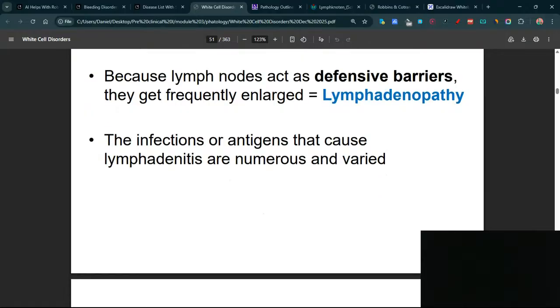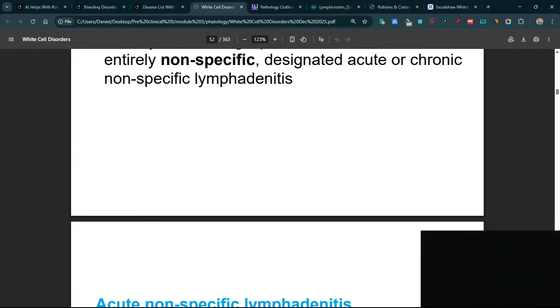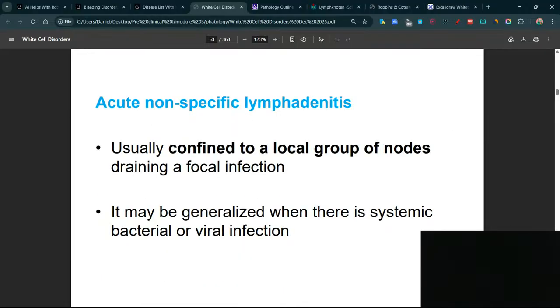Lymphadenopathy. Alright, so usually the histologic picture in the node is entirely non-specific. What does it mean? Designated acute or chronic, non-specific. Acute non-specific lymphadenitis is usually confined to a local group of nodes draining a focal infection.